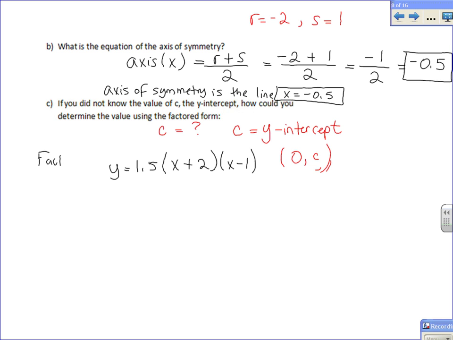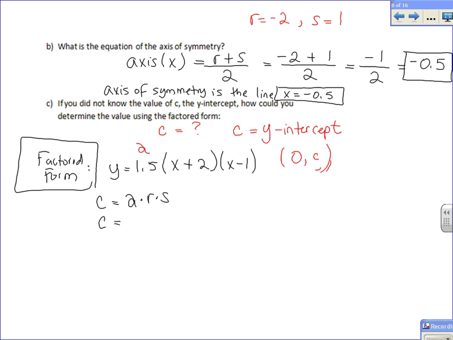And in the beginning of our notes, we were given a little formula to remember. Here was the formula: C is equal to, if you don't know C, A times R times S. In this case, A is equal to 1.5.